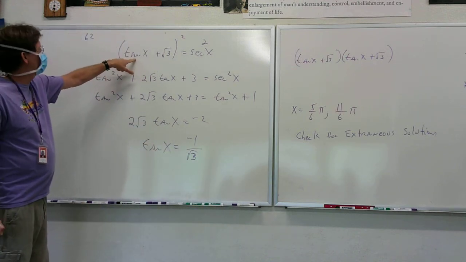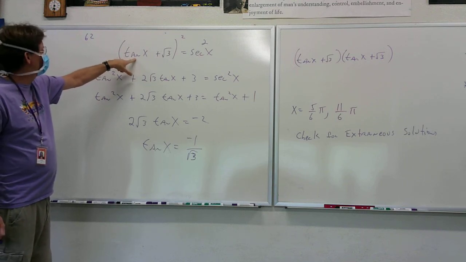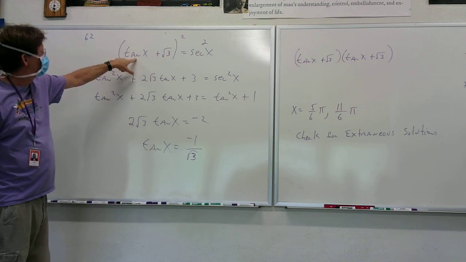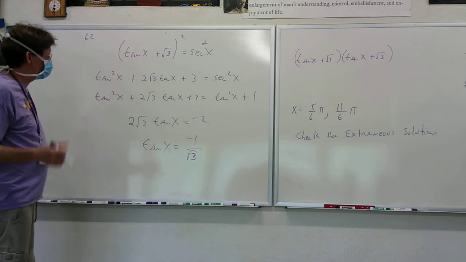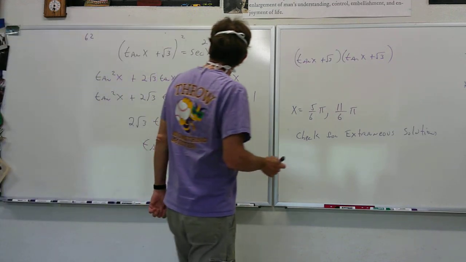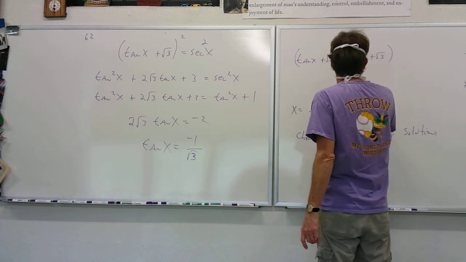And the tangent of 5 pi over 6 is negative 1 over the square root of 3. Gosh, I don't even want to test it. Let me write it right here. I'm going to have to write it down to test it without the squares.